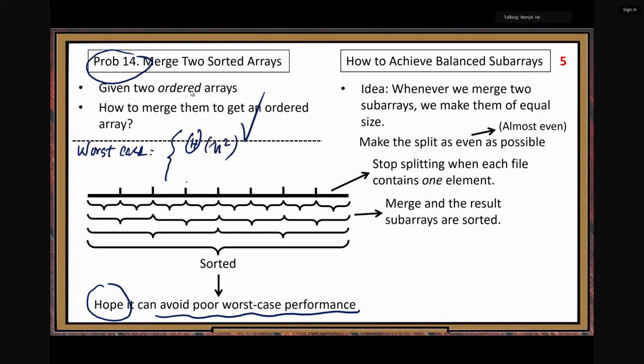If your worst case has this kind of efficiency, we treat it as a bad worst case. N squared is very bad, slow. Then, if your worst case is better than that, n log n, it's not bad.